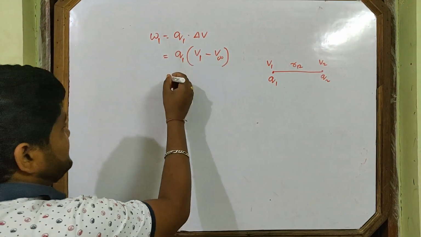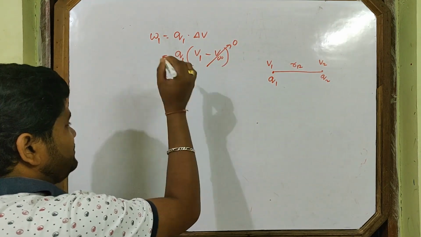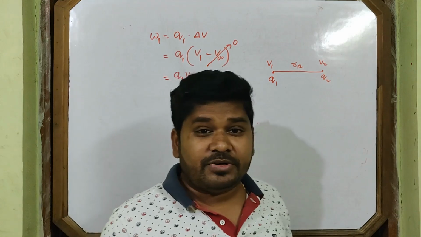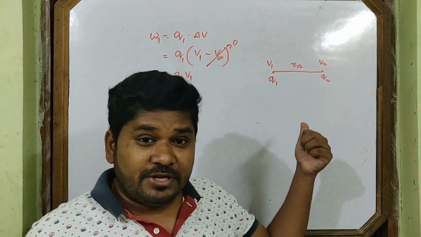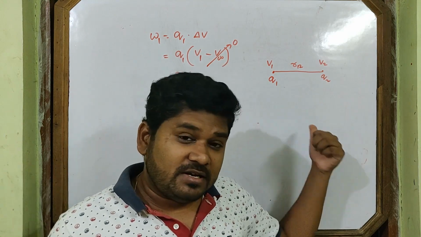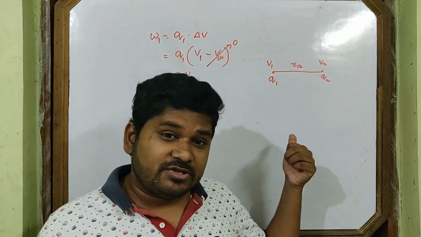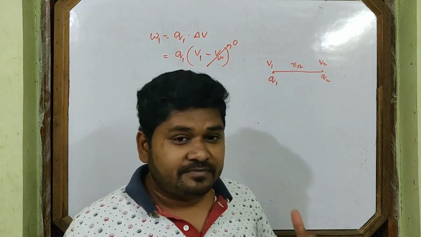So V1 minus V infinite, and the V infinite value is 0. So this is Q1 V1. This is the work done to bring Q1 from infinite to this position. This happens because the external field was there earlier, and at the point to which it is brought, there was some potential, that is V1.